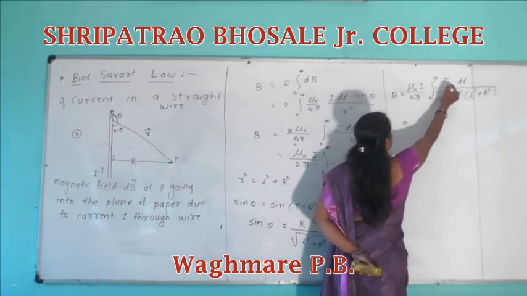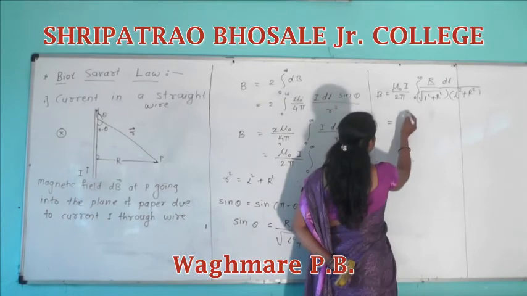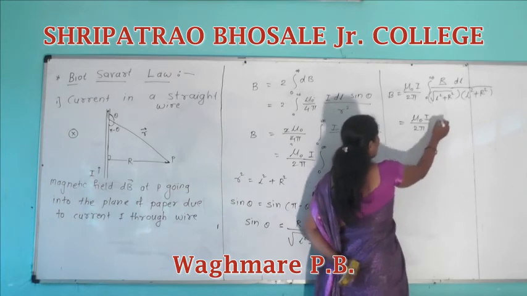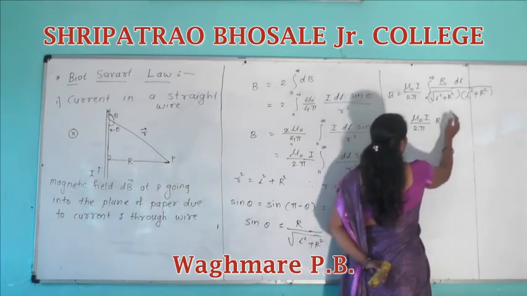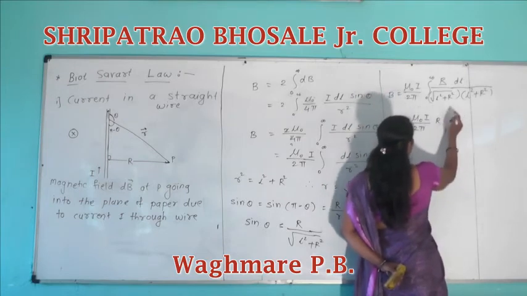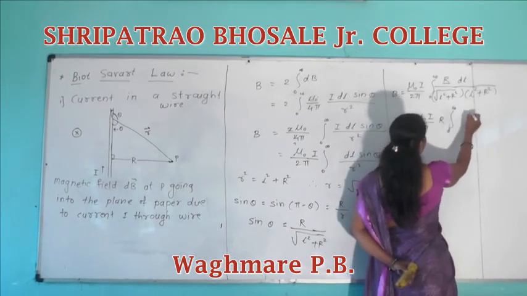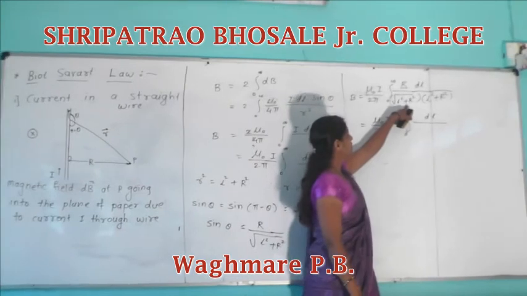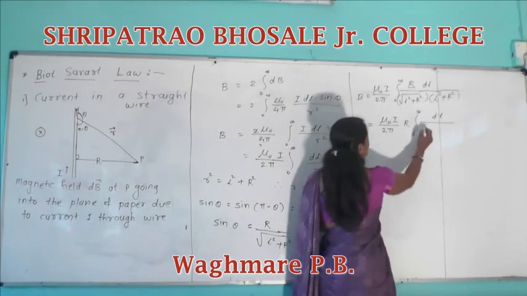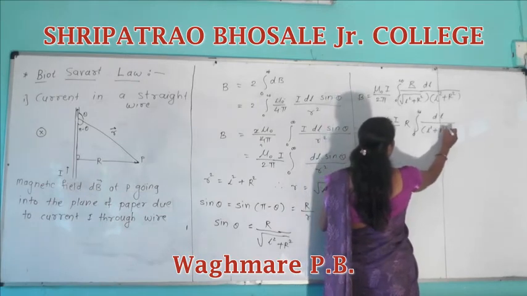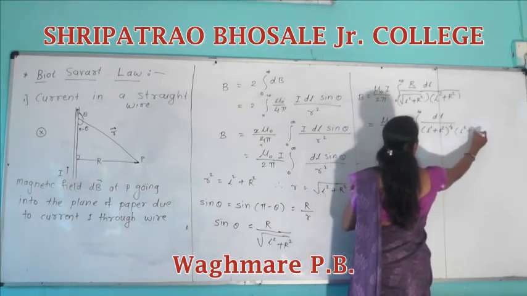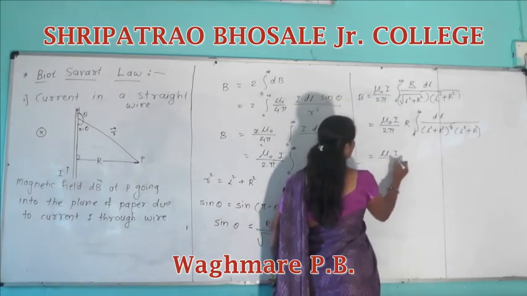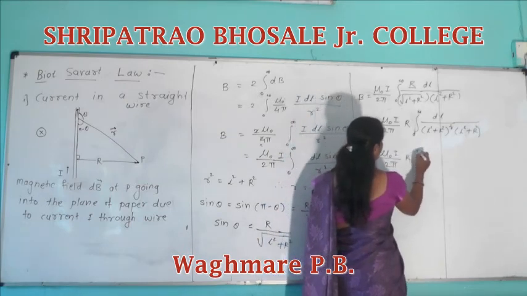Then we take these outside the integration: mu 0 I upon 2 pi into R. We can say here dl upon under root of L square plus R square, which means it is raised to the power 1/2, into L square plus R square.